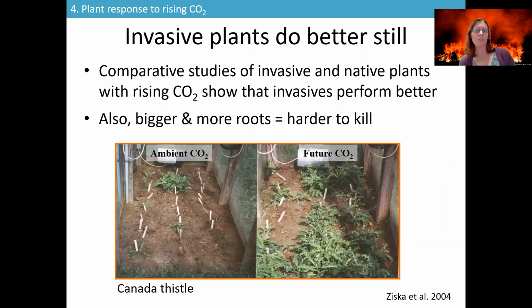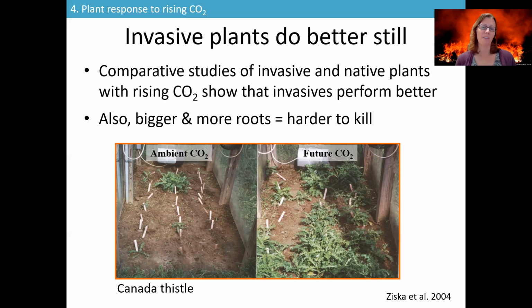So this is consistent across the board: when people compare invasive and native plants, the invasives tend to do better. And this is a great study. This has actually been around for a while. It was a study of Canada thistle. The two pictures on here are, the left one is Canada thistle grown under ambient, as of the early 2000s, CO2.